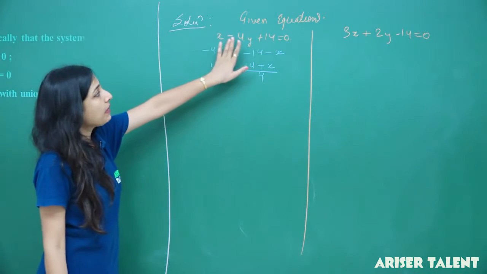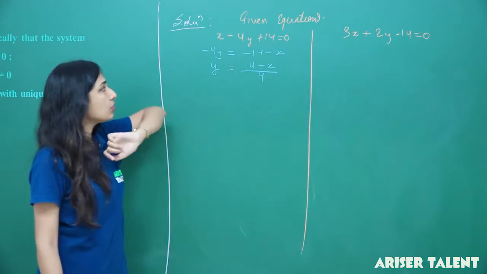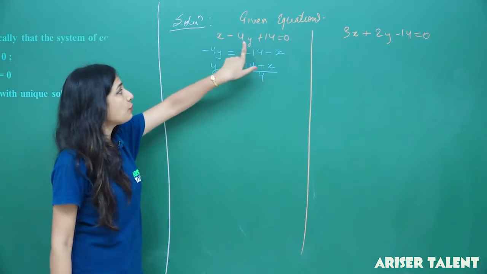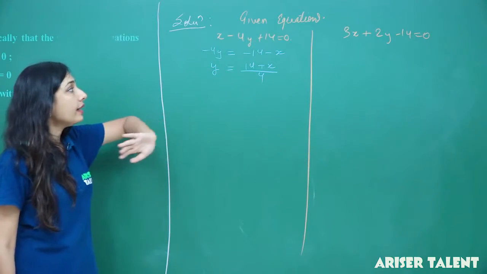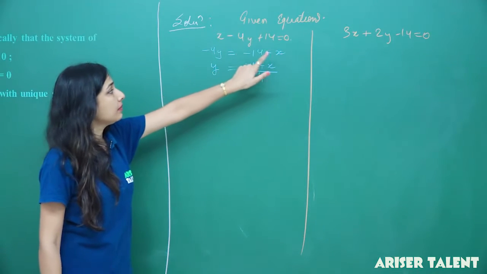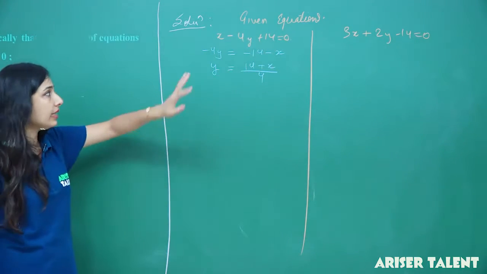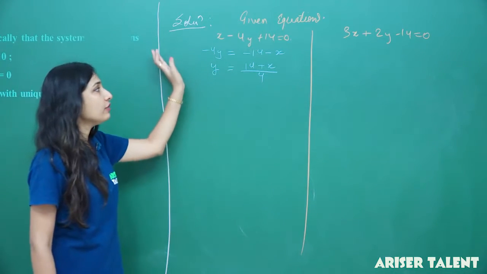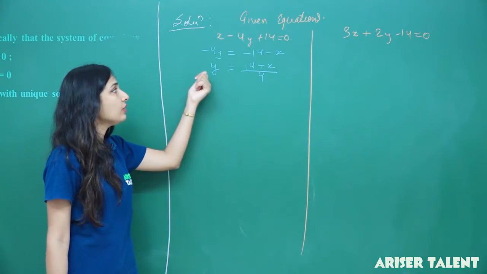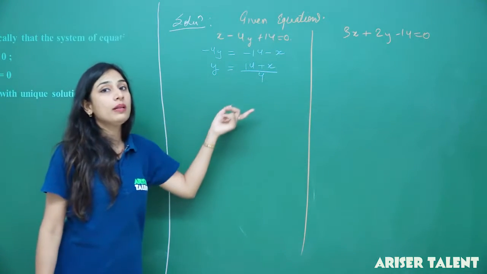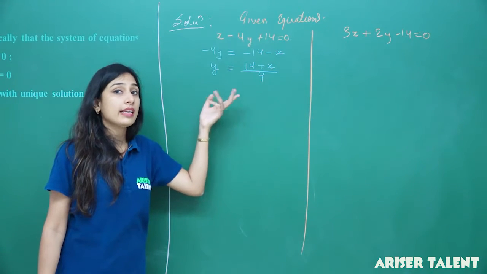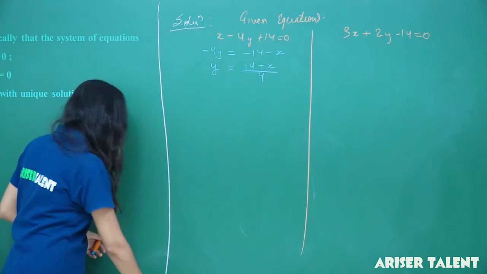From x minus 4y plus 14 equals 0, I have transposed x and 14 this side. Now y will become, if I take minus common, all positive here because they are all negative, so negatives cancel out and positive remains. So y equals (14 plus x) by 4. Now this is one value.